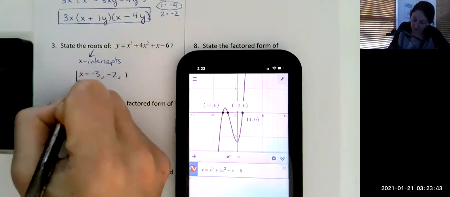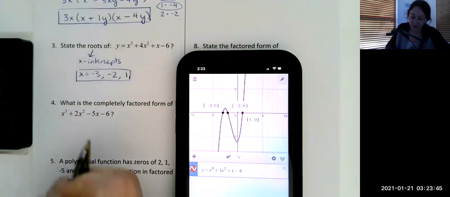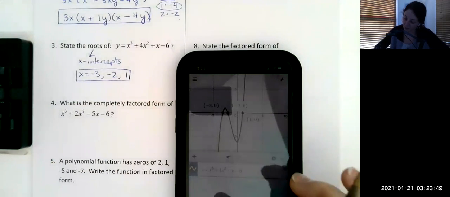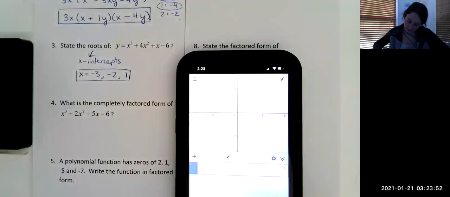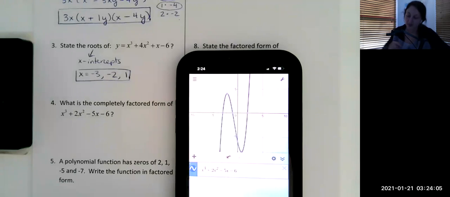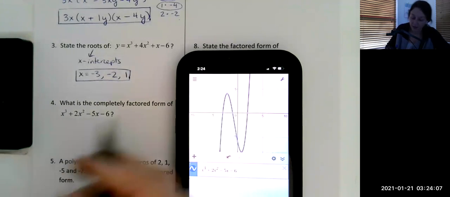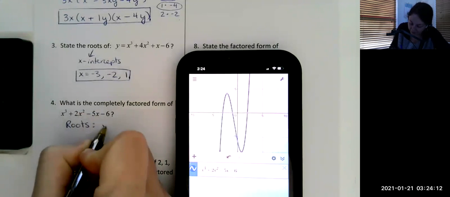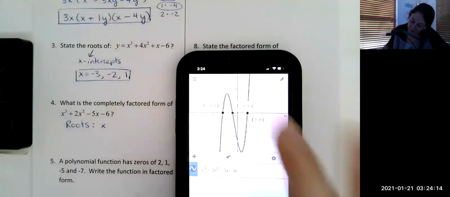Now, the reason that I'm just going to finish up with number 4 here is because I can use the exact same process to answer number 4. So even though number 4 says, hey, factor it completely, here's a little trick that you can use if you're not feeling factoring at the time. If you're not feeling factoring, work from the roots to the factors.